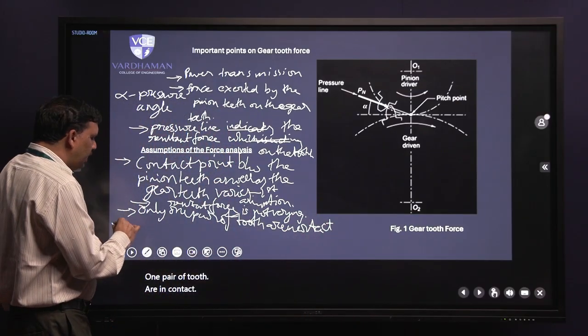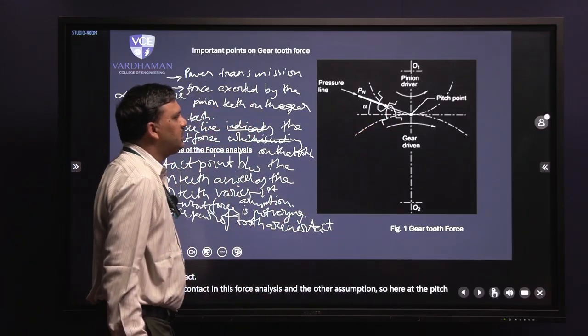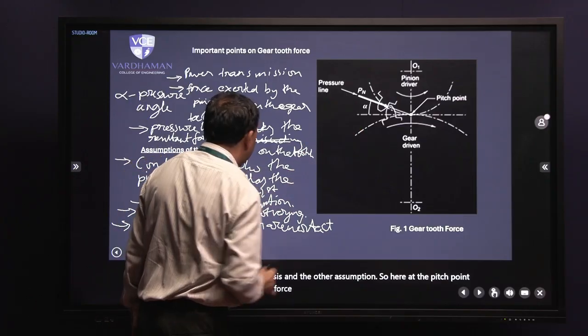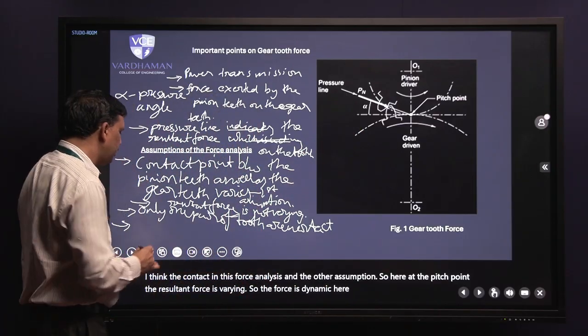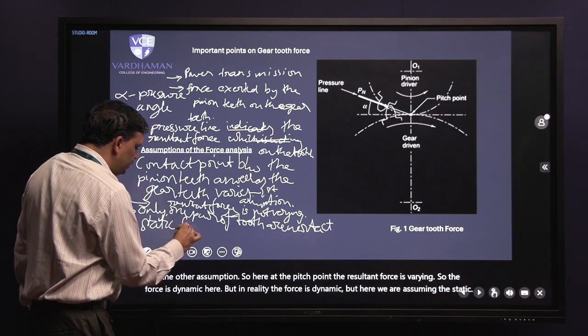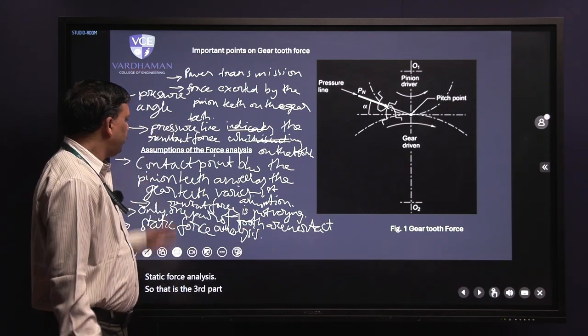And the other assumption: in reality the force is dynamic, but here we are assuming static force analysis. So that is the third point.